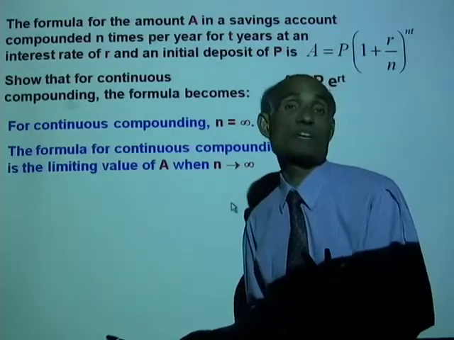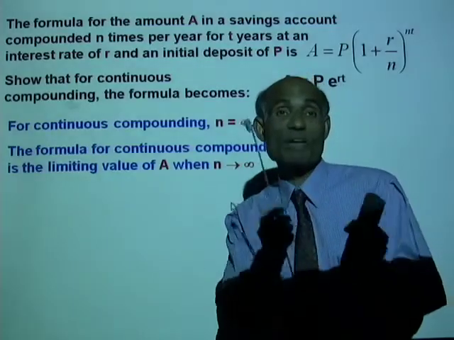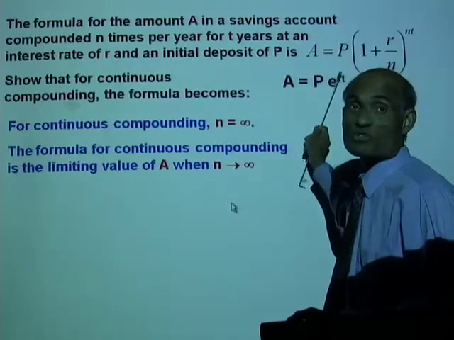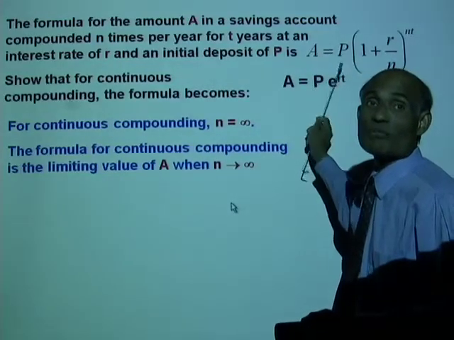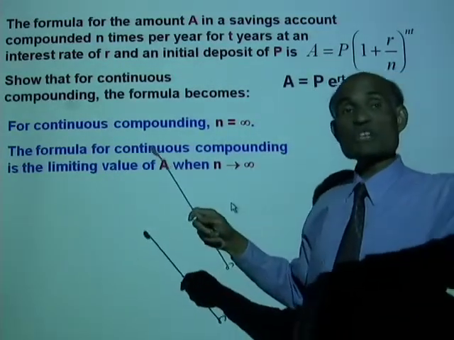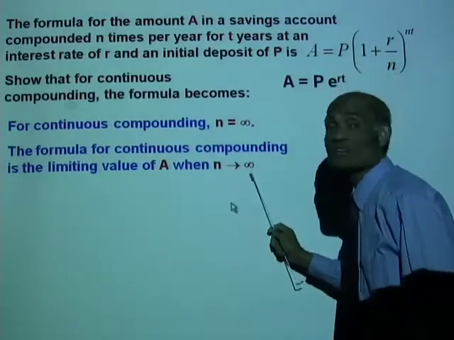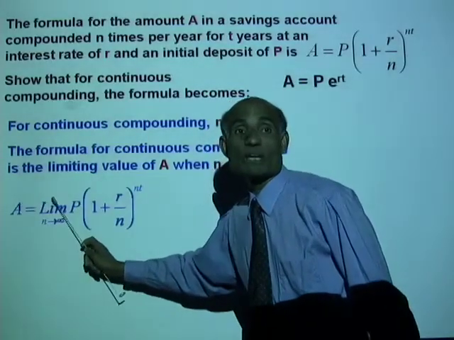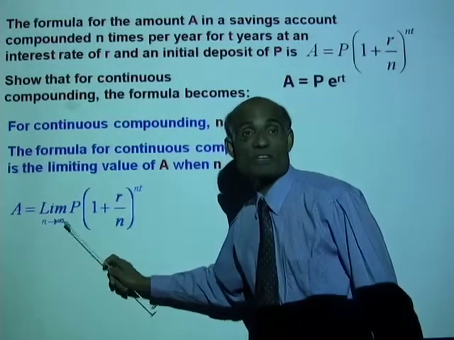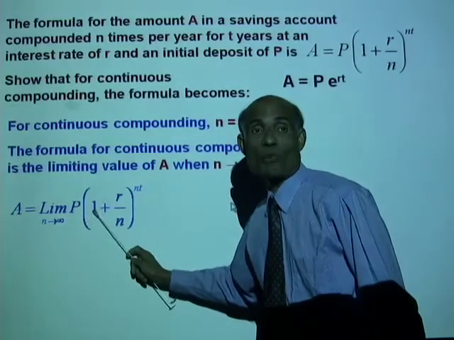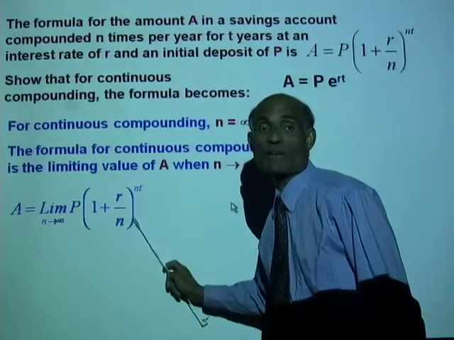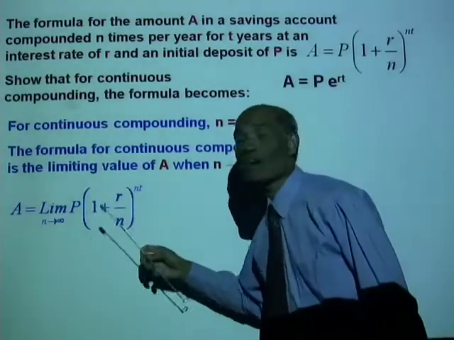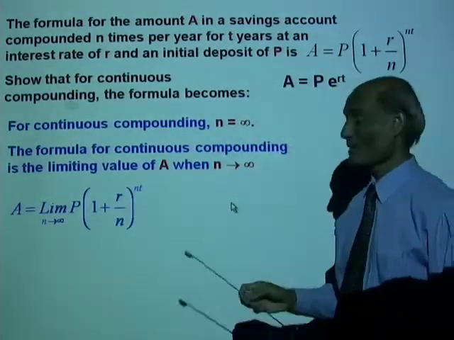If interest is calculated 12 times a year at the end of every month, we can do that calculation there. Now the question is, what will be the value of A when n is infinite? That means n goes to infinity. So, then A will be the limit as n goes to infinity of P times 1 plus R over N, all raised to the power of nt.